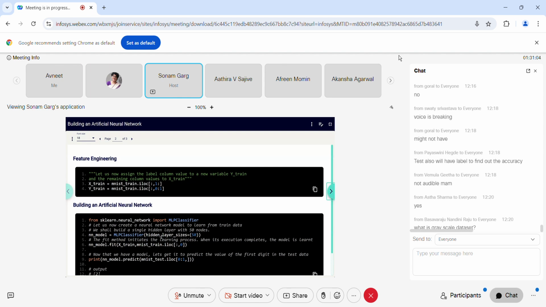This is the name of the artificial neural network algorithm which is used for classification, MLP classifier. If you want to do it for regression, we have another class of algorithm, MLP regressor. If you want to go for clustering, the name of the algorithm will change. So we have different algorithms under artificial neural network for performing each of these tasks.